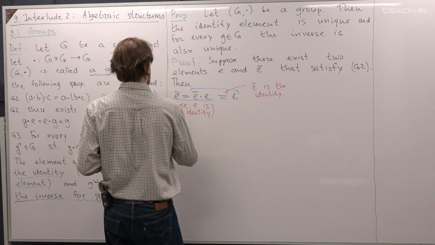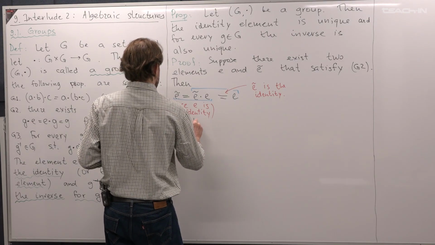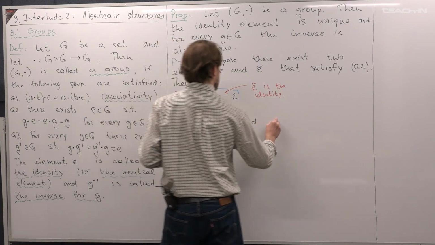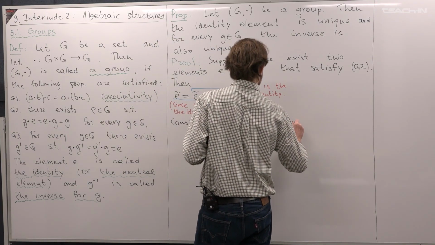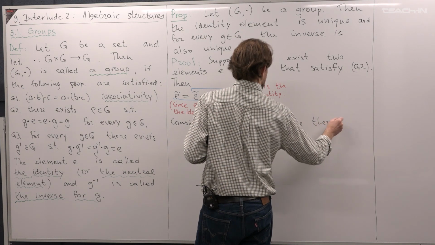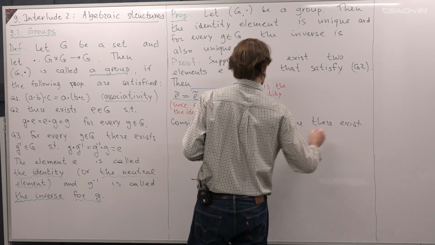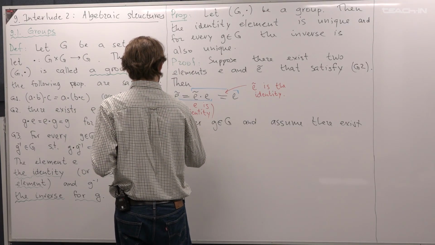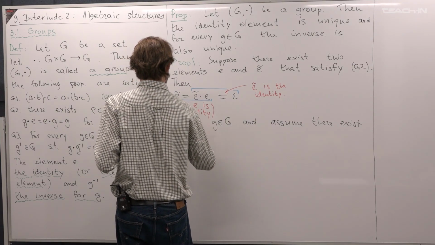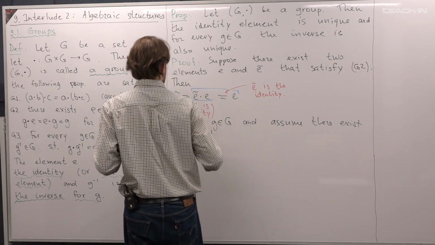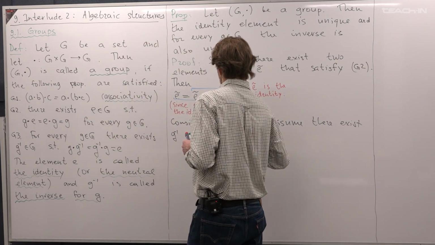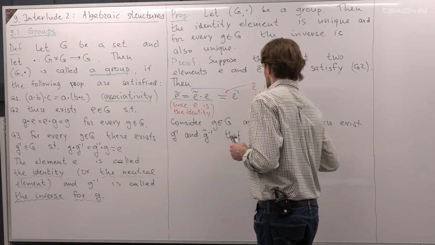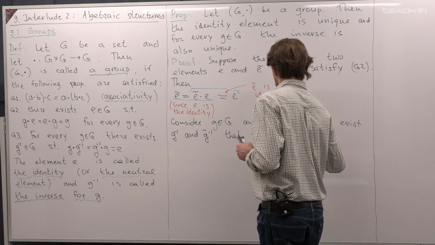So consider G from G capital and assume there exist G to the minus 1 and G to the minus 1 tilde that satisfy the property G3.